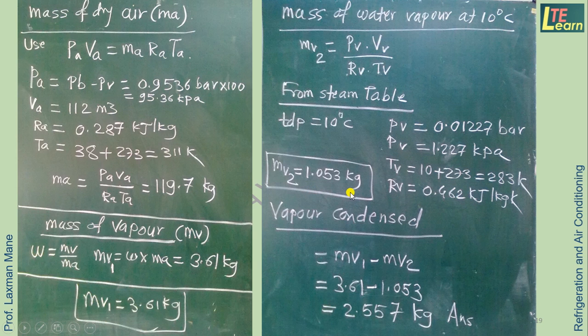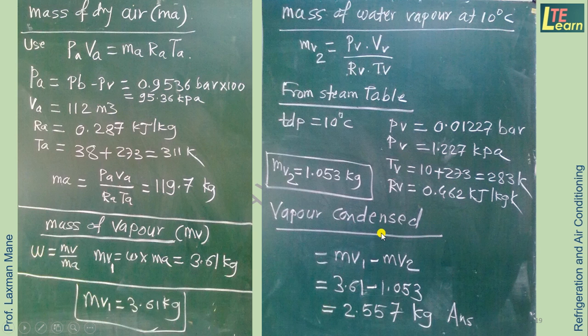So here in the air conditioning process, the air is cooled down from 38 degrees Celsius to 10 degrees Celsius. So during this, the amount of vapor present in the air gets converted into water. So what is it? Condensate.